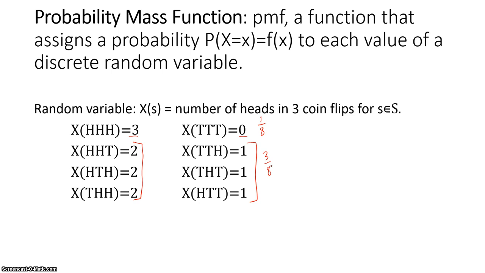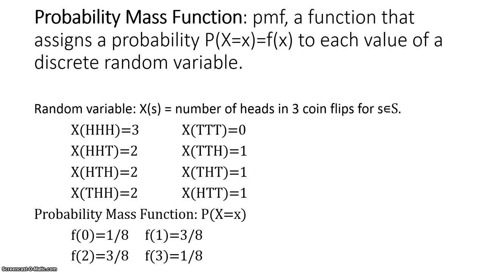We're going to also have a probability of 3/8 associated with the outcome 2. And 1/8 associated with 3. So if we write out our probability mass function, it should look like this. And remember, our probability that X equals x, that's our PMF, f of little x.